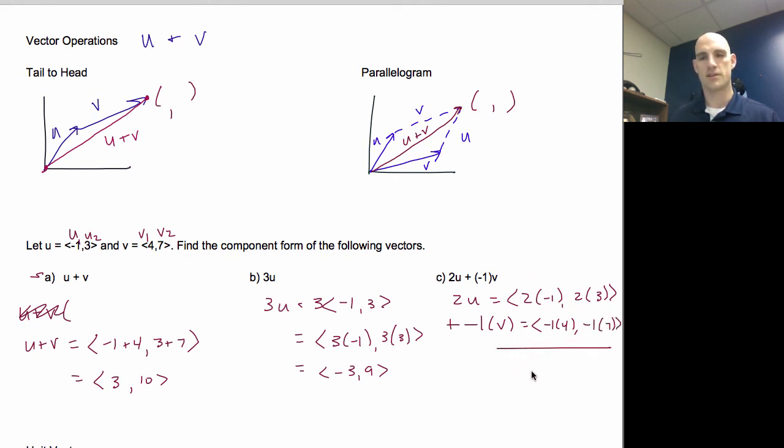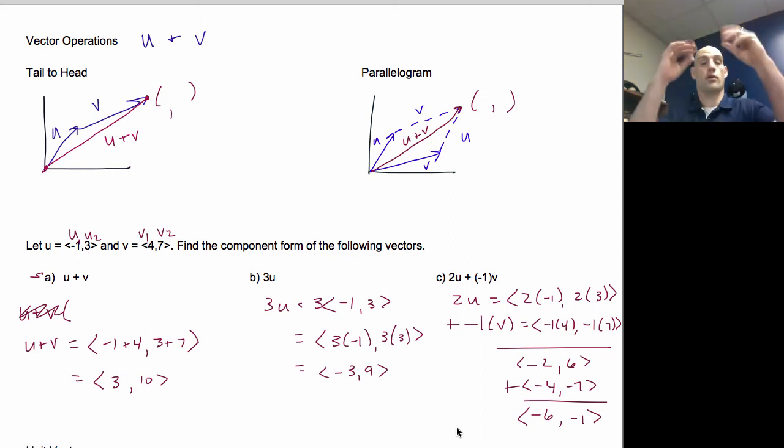And so I'm essentially going to have negative 2, comma, 6 plus negative 4, comma, negative 7. And so when I add those two things together, I get negative 6, comma, negative 1. And that's my answer. So do those two operations first, just like we would if we were doing multiplication, and then that gives us our two pieces that we're adding together, and then add them together like we would in a basic u plus v format.